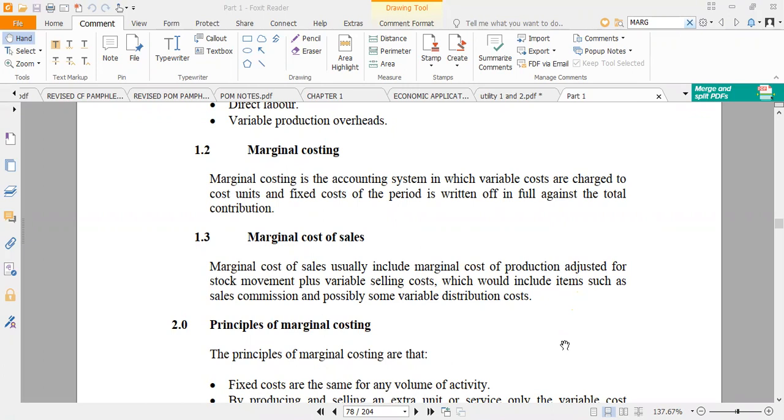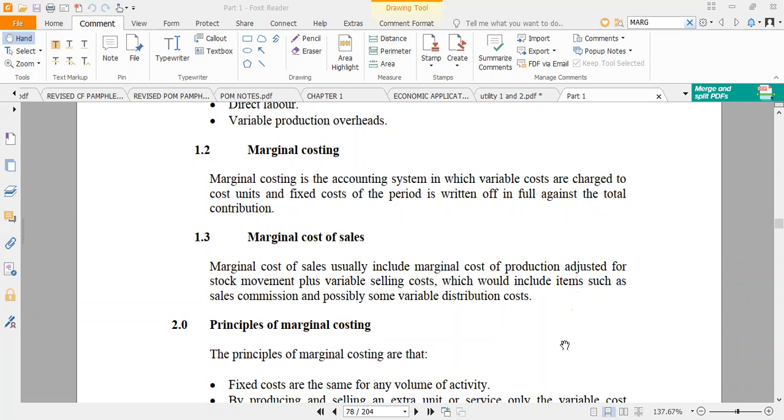So for us to get the net profit, we write off the fixed cost in full against the total contribution.